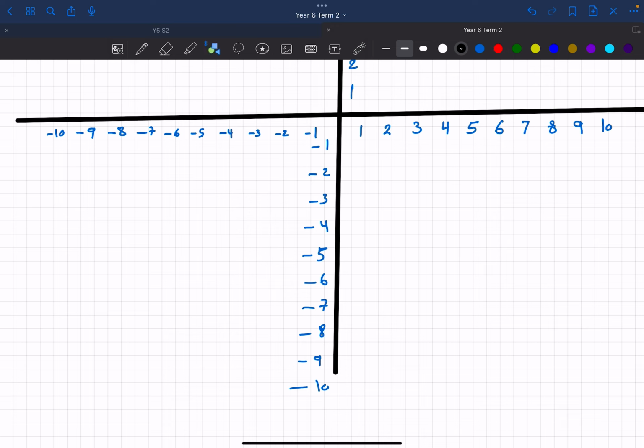Let's do a triangle. Each side of a triangle represents an angle. For example, this is a coordinate, this is a coordinate, this is a coordinate. Now you connect.